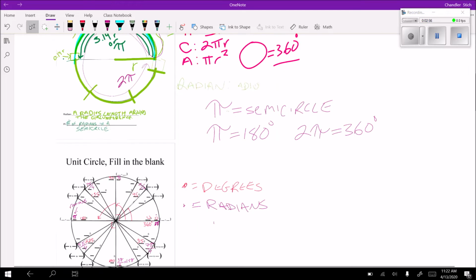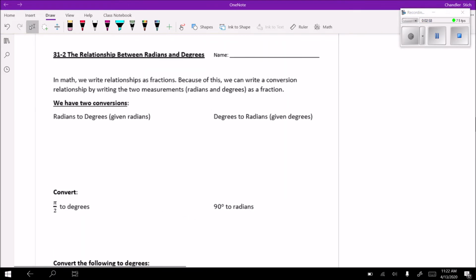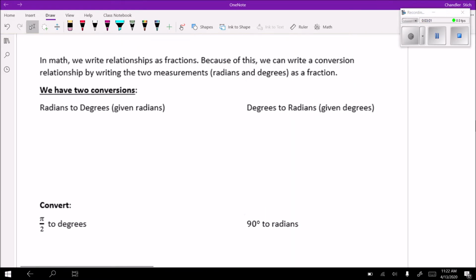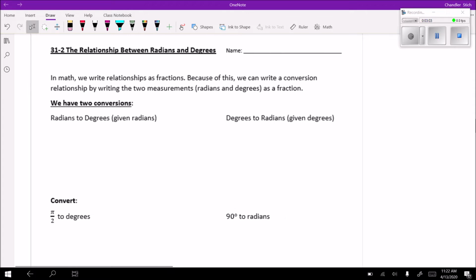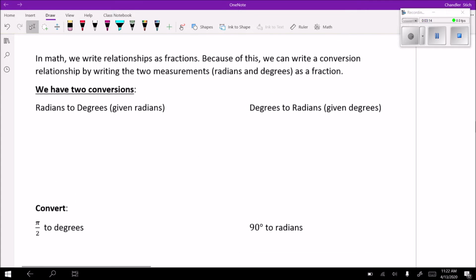So if we go back to our notes from today, we have 2 conversions. We have degrees to radians, and we have radians to degrees. In math, we can write the relationship as fractions. Remember, these are rational expressions. Here's how we do it. If we want to convert radians to degrees, you're given something with pi in it, so you're given the radians.